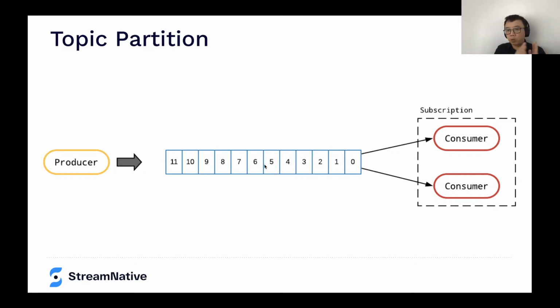In this example, if the producer keeps producing messages from 0 to 11, it would append 0, 1, 2, 3 until 11. From the consumer perspective, it reads the messages from a given position, starts scanning the log, and reads out those messages. So this is the foundation: a topic partition is an append-only distributed log.